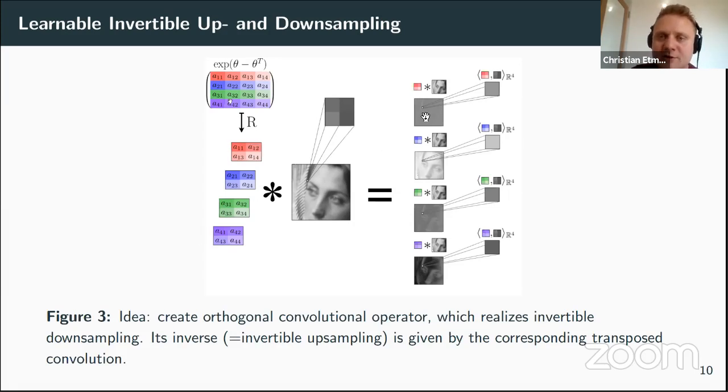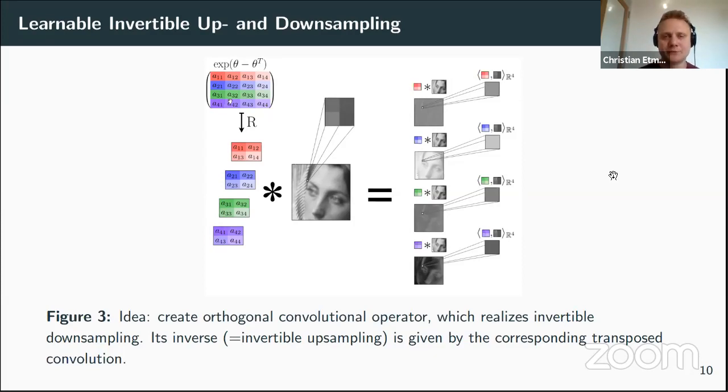Each pixel of the output images, which are downsampled due to this stride, is the inner product of this image patch with each one of those 4 kernels, meaning that this is the result of the convolution with this kernel, this is the result of the convolution with this kernel, and so on.